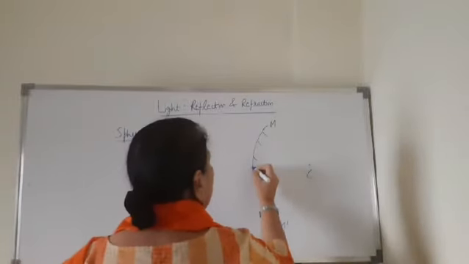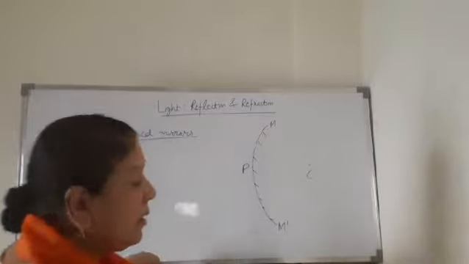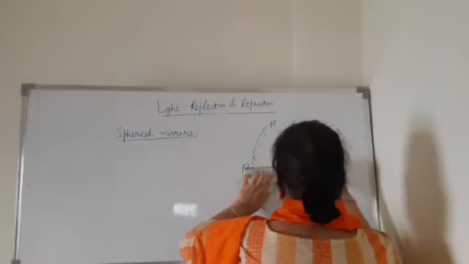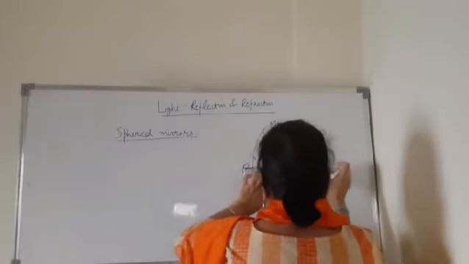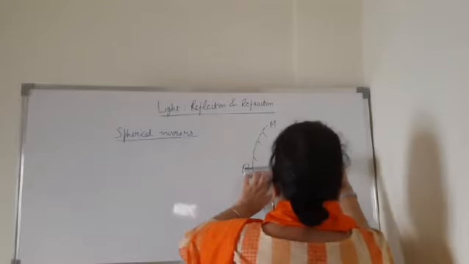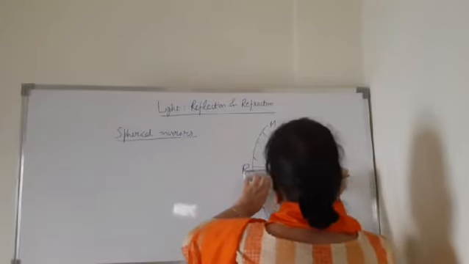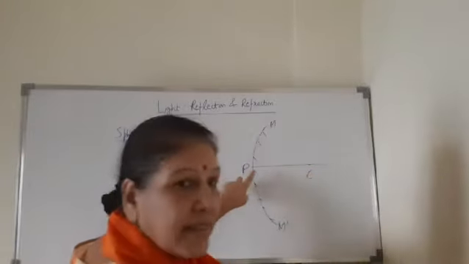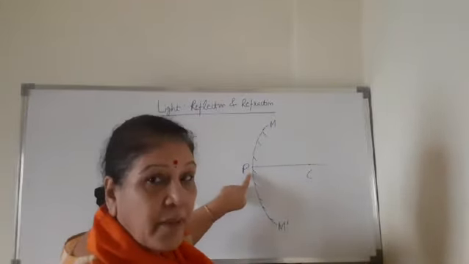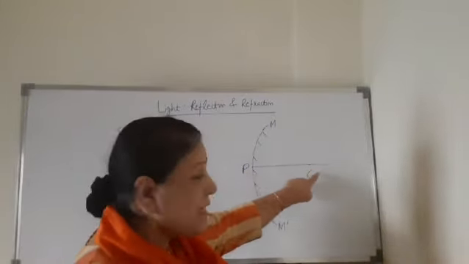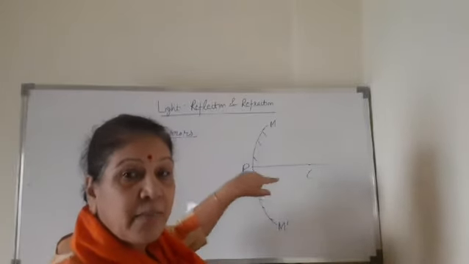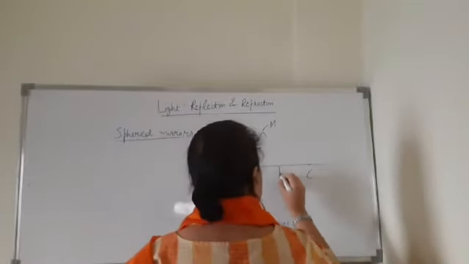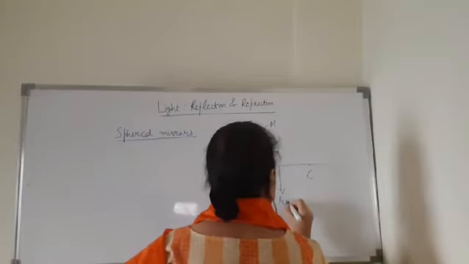The same thing happens here: the midpoint of the reflecting surface of the convex mirror is called the pole. The line which passes through CP is called the principal axis. Here P is the center of the mirror, referred to as the pole. C is the center of the sphere from which this mirror is made, called the center of curvature. PC is called the radius of curvature.